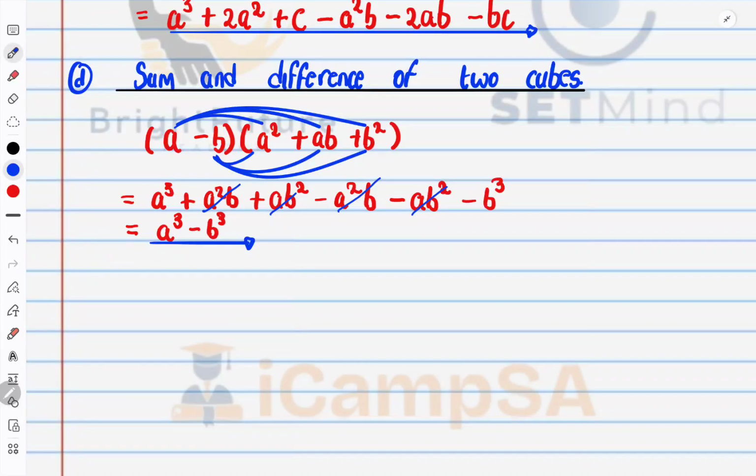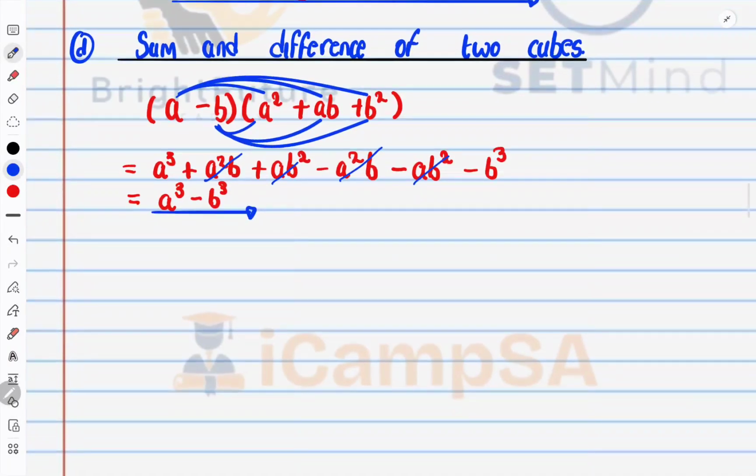That's what we have here, and then let's take another expression: a plus b into a squared minus ab plus b squared, and then let's multiply that binomial by that trinomial.